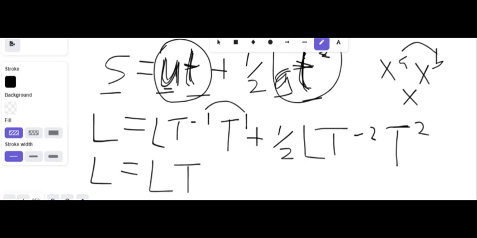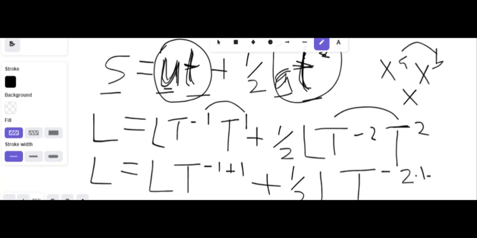Now the powers here are minus 1 and plus 1, so I'm going to add them together. Minus 1 plus 1, that is that, plus half L. I'm going to combine this t to the power minus 2 and t to the power 2. So this is L t to the power, now I'm just going to add their powers. Minus 2 plus 2.